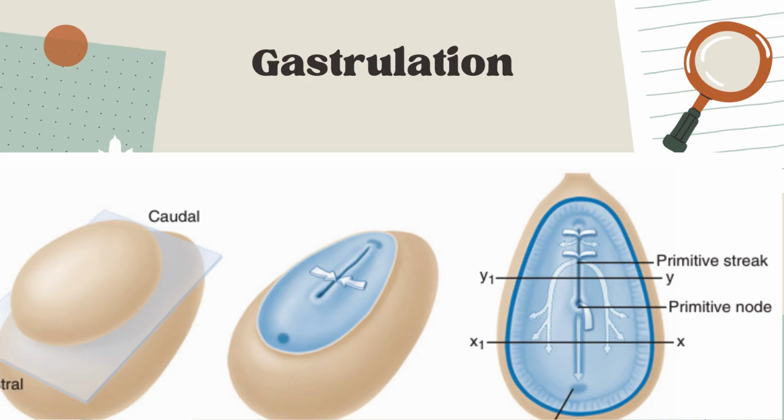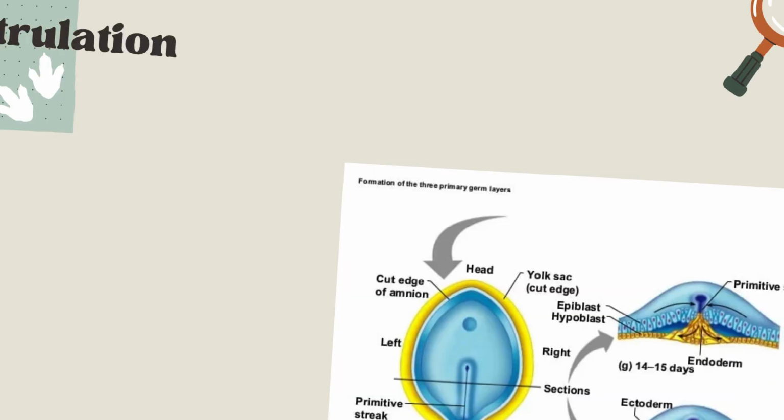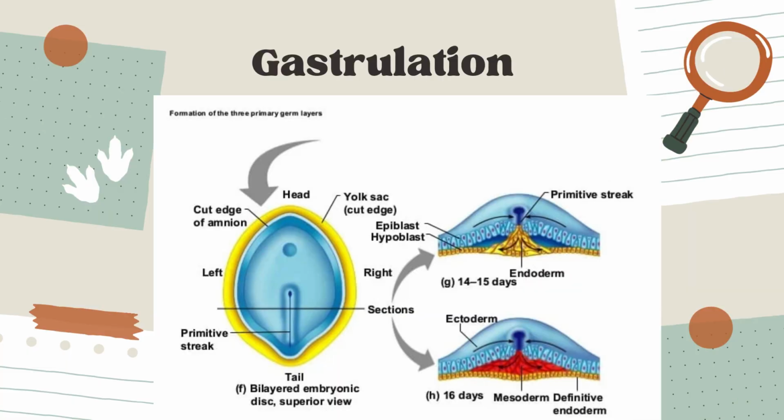Epiblast cells migrate inward through this streak, pushing aside the hypoblast to form the definitive endoderm. Additional migrating cells spread between the layers to form mesoderm, and the remaining epiblast becomes the ectoderm. So these three layers will generate all the tissues of the future body.